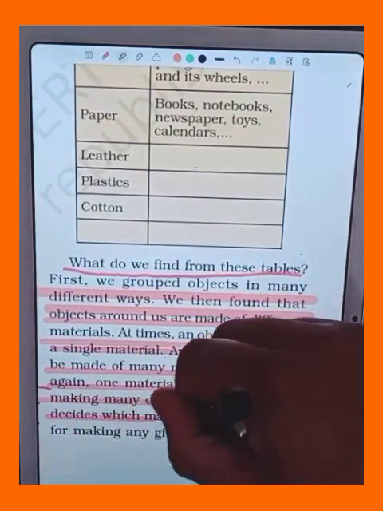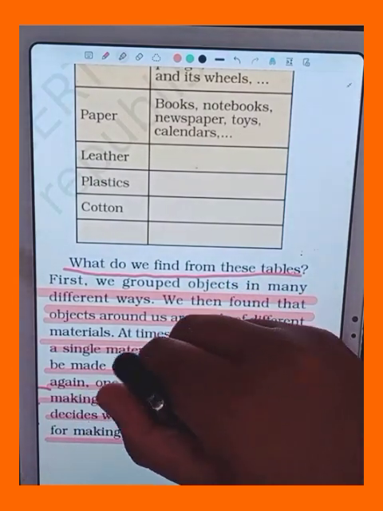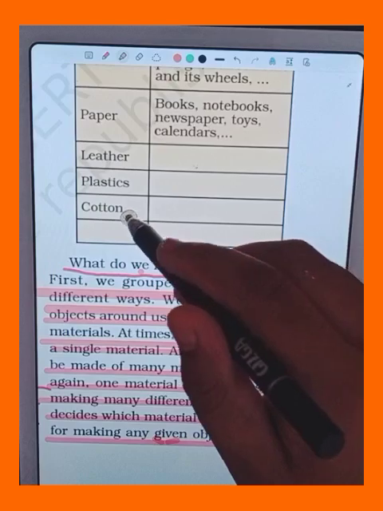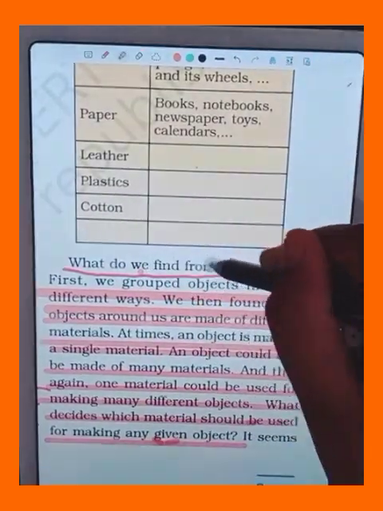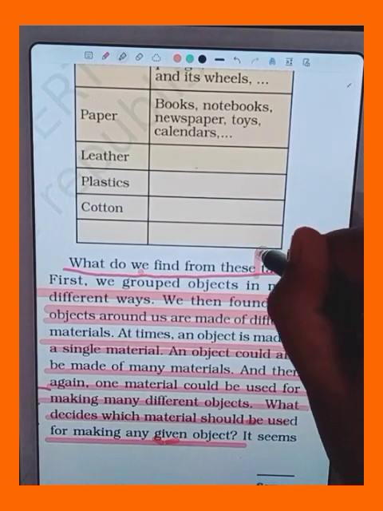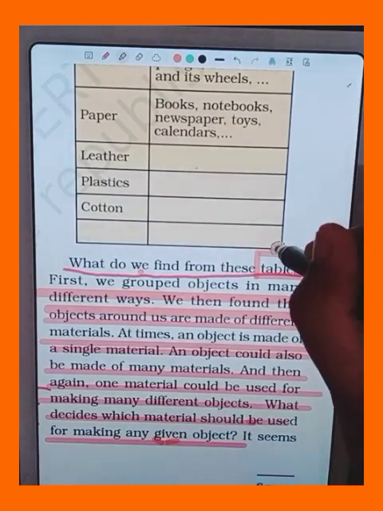What decides which material should be used for making given objects? So in the paragraph, the author is trying to say that from these tables we found that many things are made from one raw material.